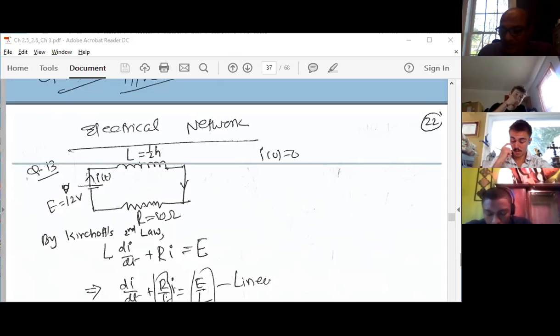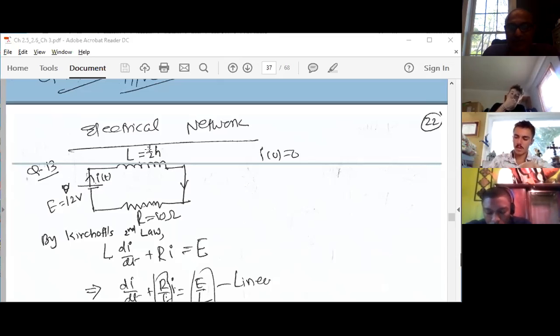So you can see over here, a 12-volt battery. Whenever you are asked an electrical network question, first of all you need to go through the figure, so draw the picture like this. This is the battery, and then this one is the inductance, usually represented like this.